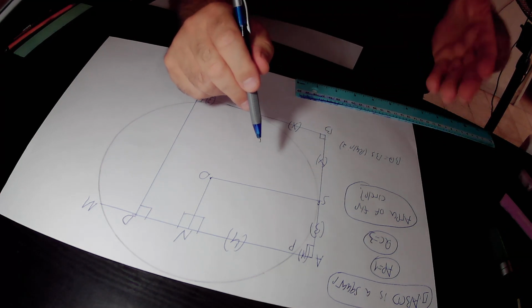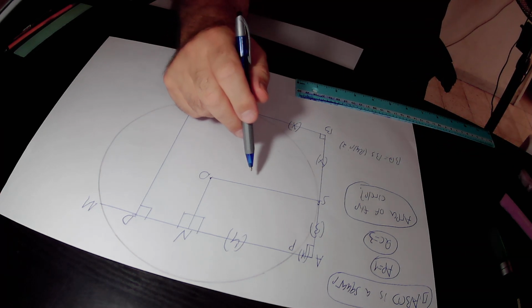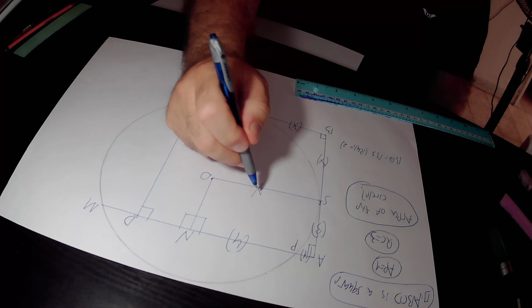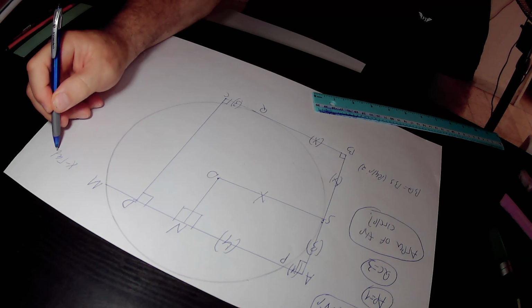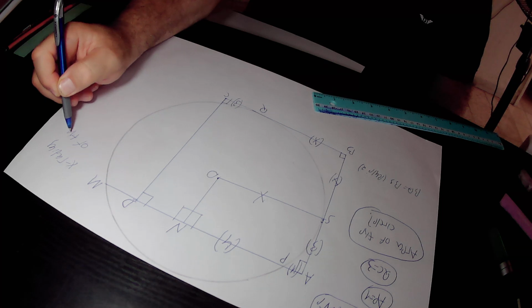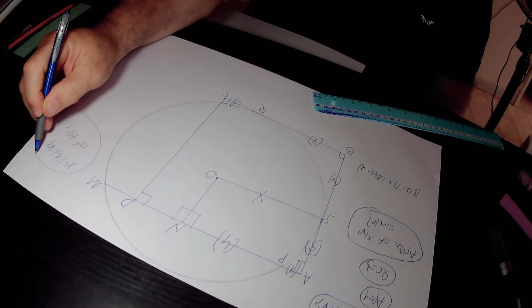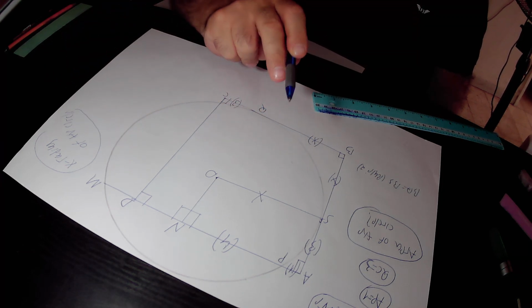So this is exactly the definition of a radius. Therefore OS is the radius of this circle. We define the radius of this circle as x. So OS equals x, and x is the radius of the circle.